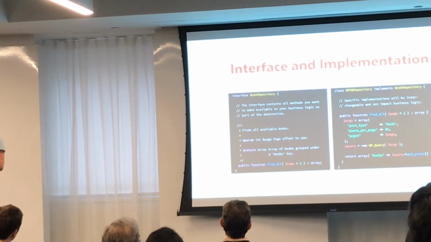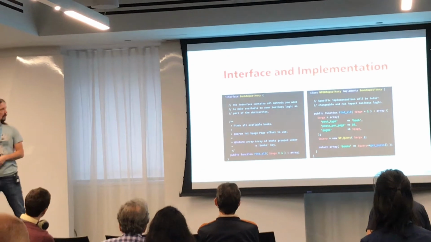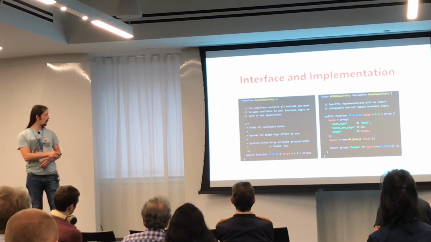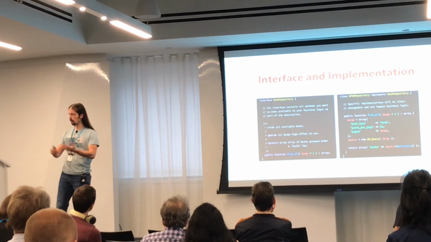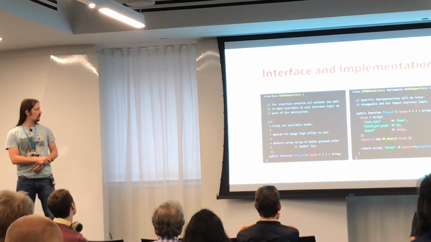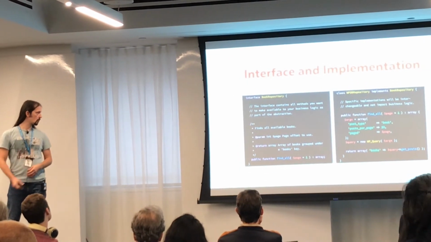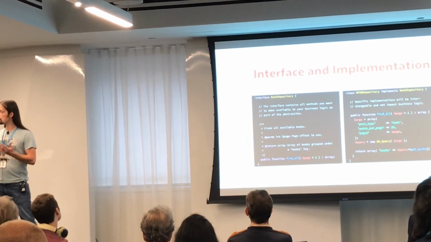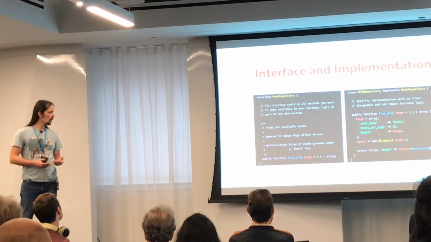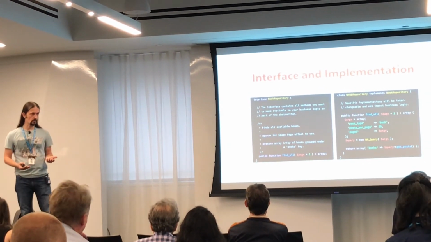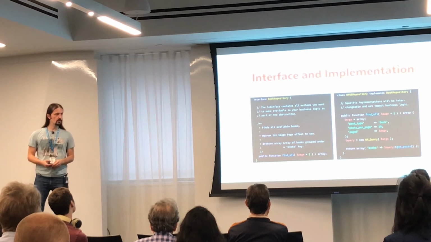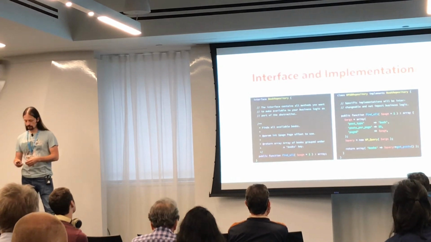And this black box is called the implementation. And here you can see we have an interface BookRepository, for example, for a bookstore. And we have an implementation WpDbRepository that provides one possible implementation of this interface. This one happens to use WP_Query to fetch the books, but it could just as well use something else.